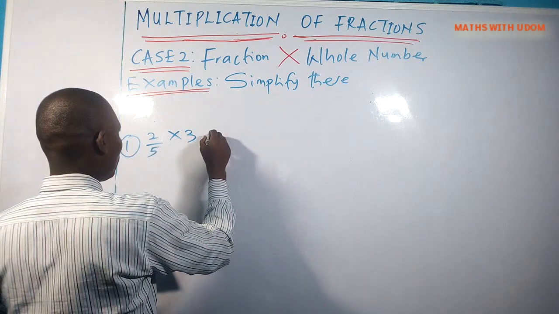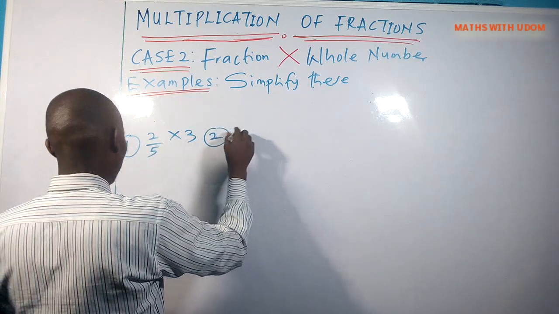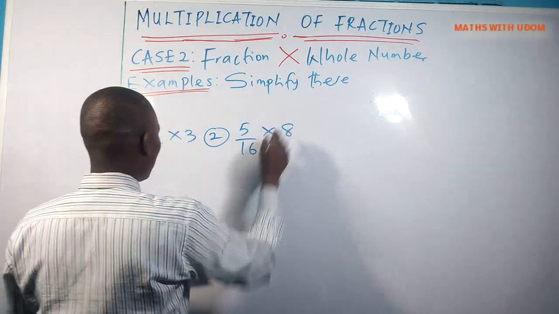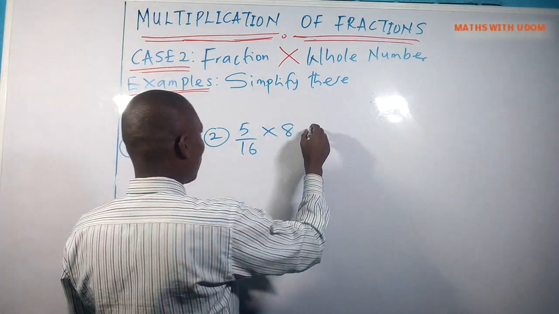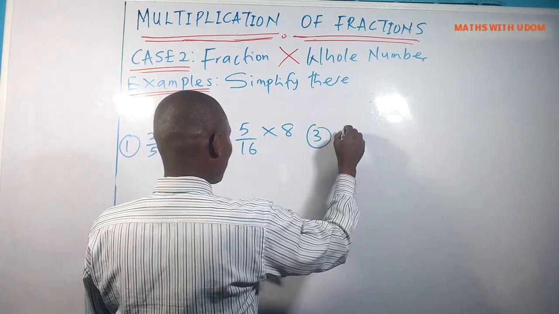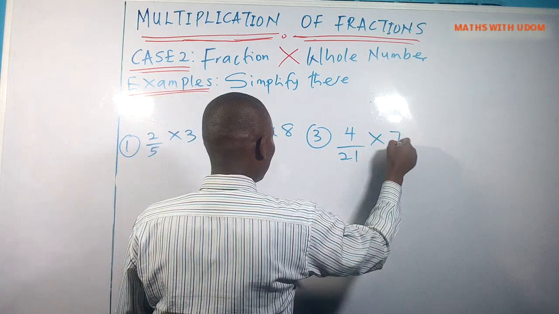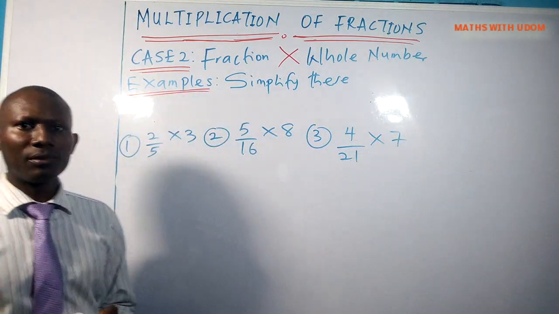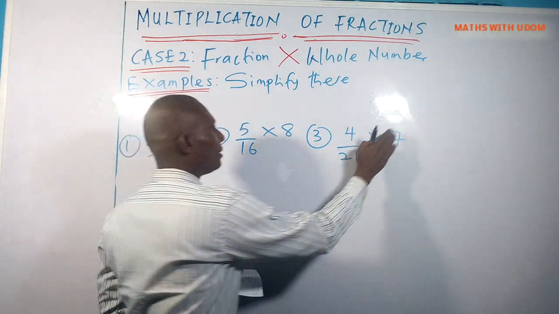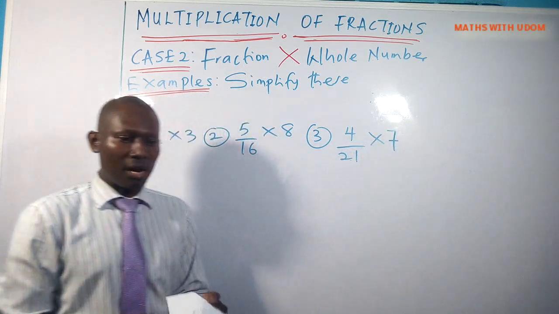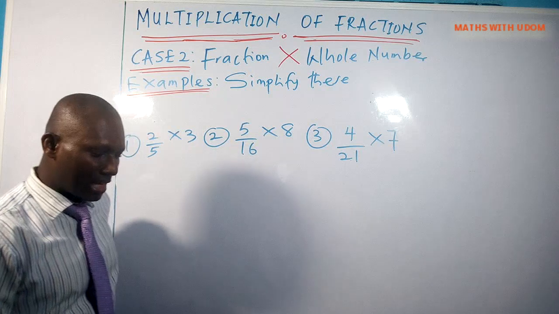Number 2: 5 over 16 times 8. And number 3: 4 over 21 times 7. So these are our examples. Okay, so let's start with the solution.